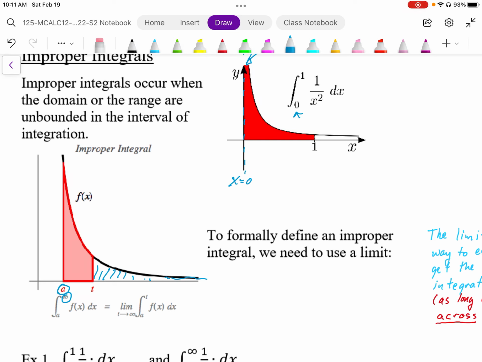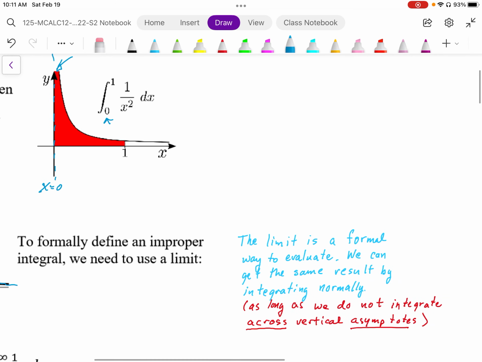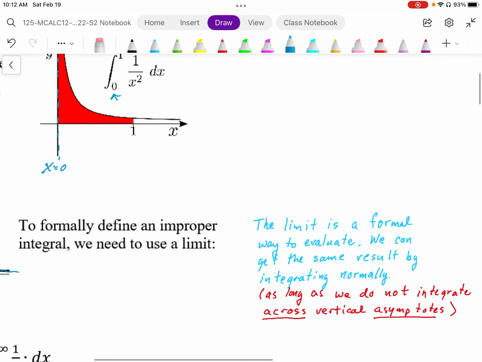Now, we're going to define an improper integral, and we're going to define this using limits. And it's important to understand that for the most part, a limit is just a formal way that we evaluate these integrals. If we actually just integrate them normally, for the most part, they will integrate the same, and we'll get the same result as we do when I show you more formally with a limit.